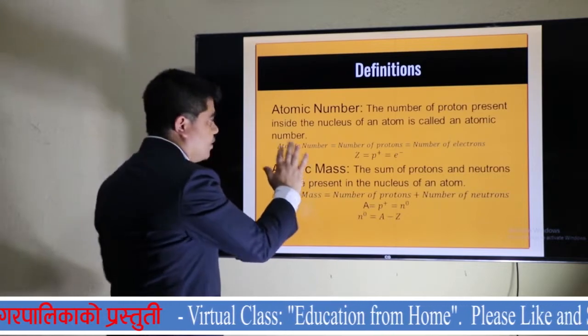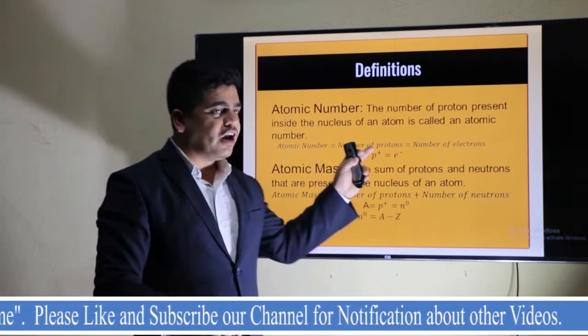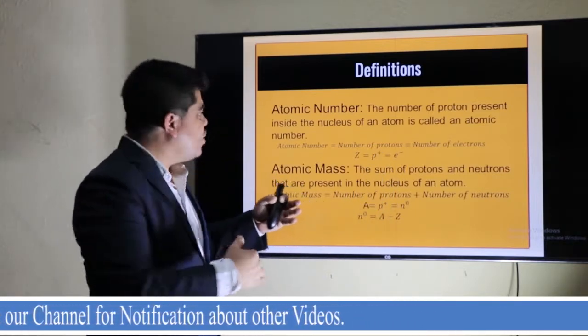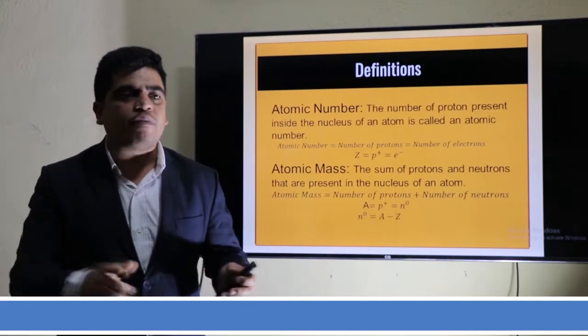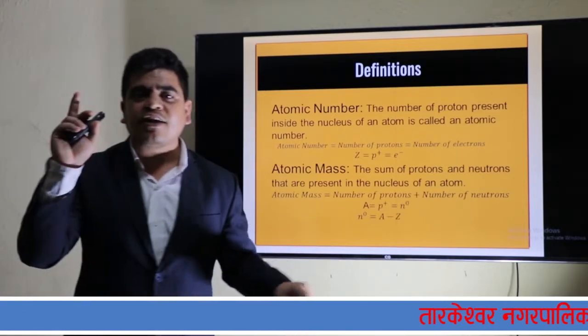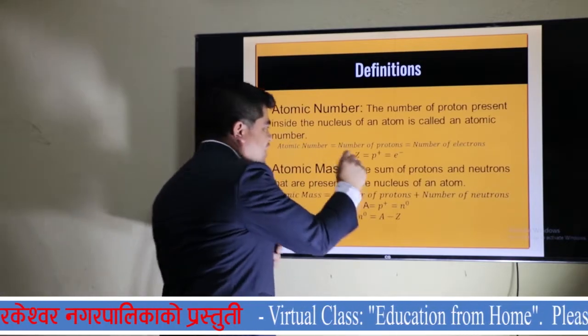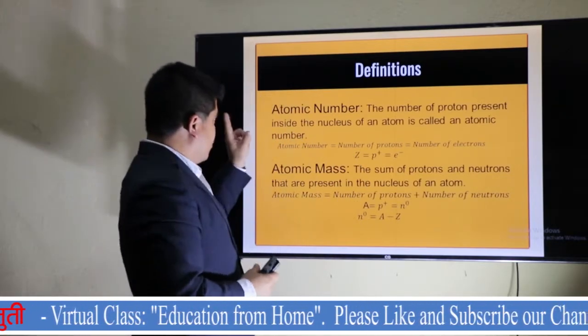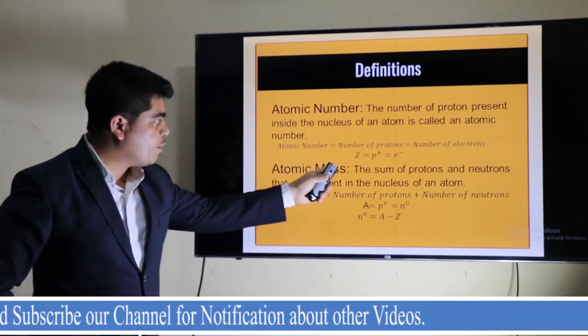If we know these concepts, you will be able to solve the mathematical problems, which is very important from the examination point of view. So my dear students, please note it down if you find it an important point. Okay, let's see the atomic mass.